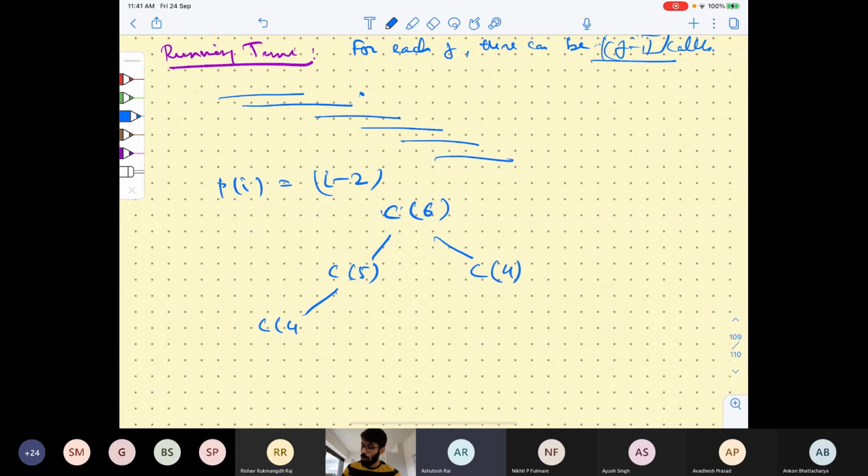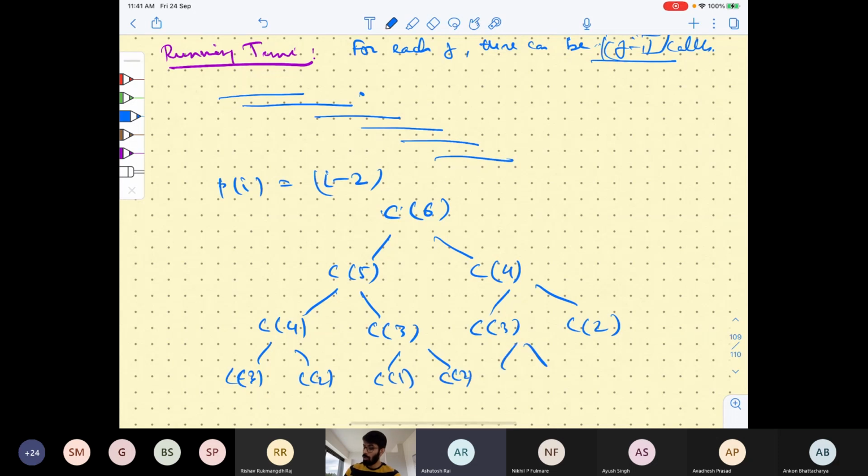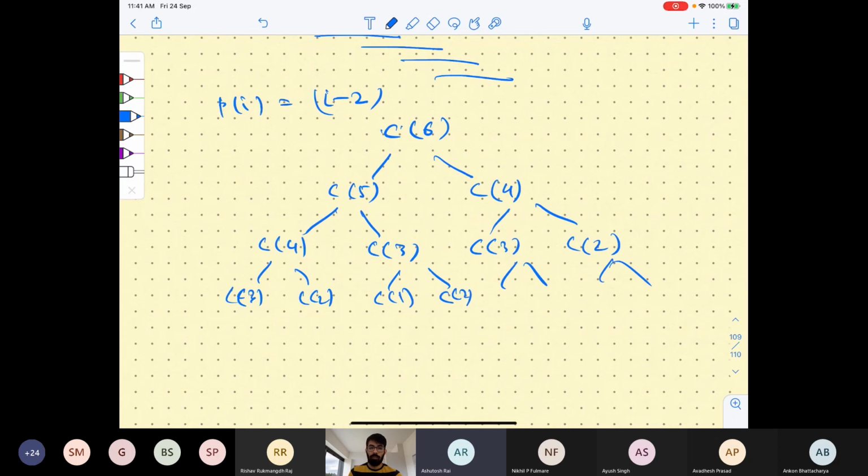Then this calls C4 and this calls C3. This calls C3. This calls C2 and so on, right? C3, C2. So, I mean, this is generating a lot of calls, right? C1, C2, and similarly here also 2, here also 2, and so on. So it can go exponential.